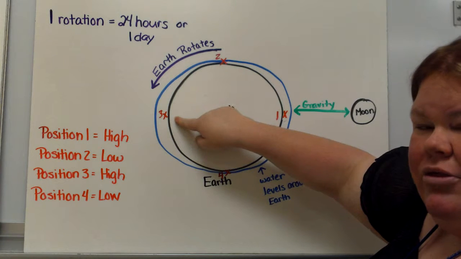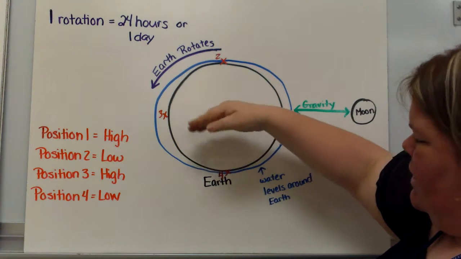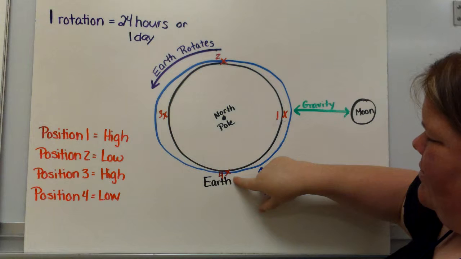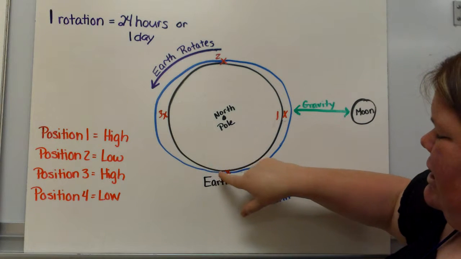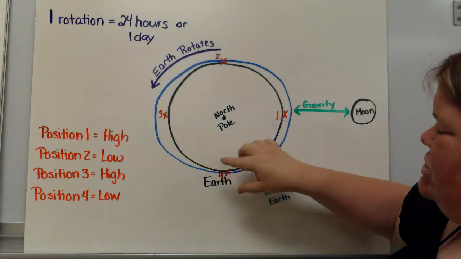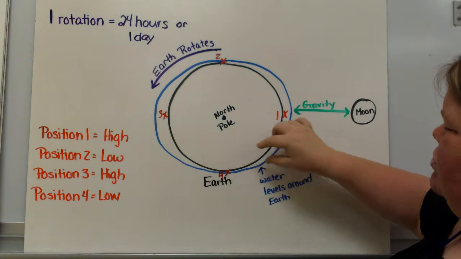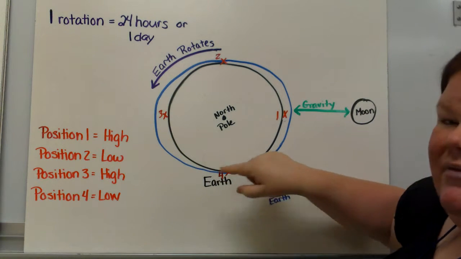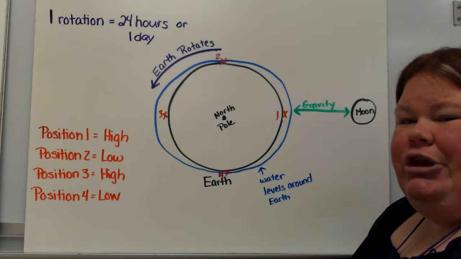So here would be your other high tide. And then down here, position 4, once again, it's kind of halfway in between, so the water's being pulled towards the moon, so the water level is low, so it's called low tide.